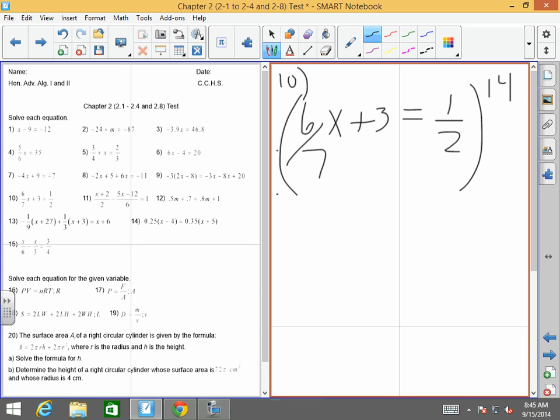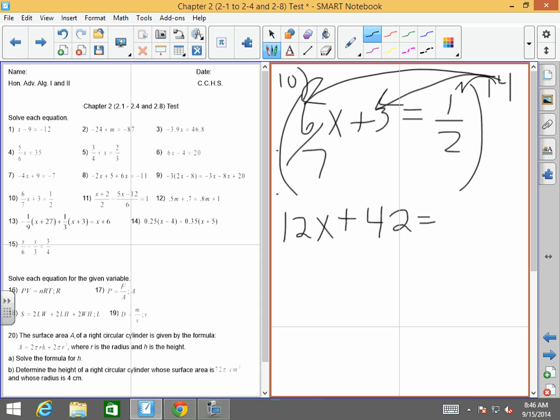So when I do 14 times 6/7, it's being divided by 7. So 14 divided by 7 is 2. 2 times 6 is 12. Or you could say 14 times 6 is 84 divided by 7, so that's 12x. 14 times 3, that's plus 42. And then 14 times 1/2 is 7.